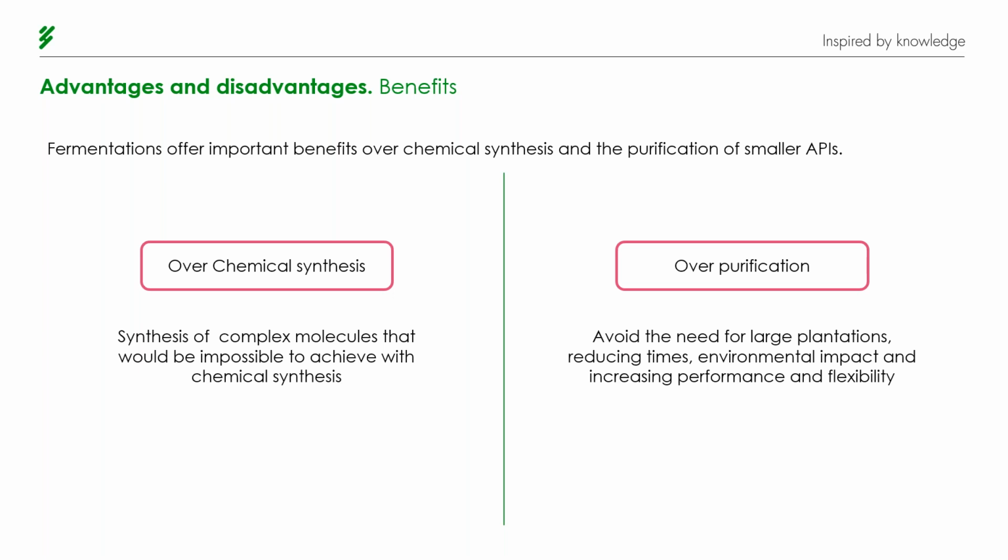Also, we gain the possibility to produce different ingredients, because with the purification method, we only can produce the APIs that these plants produce naturally. But with GMOs, with genetically modified organisms, we can use the bacteria to produce even more APIs.